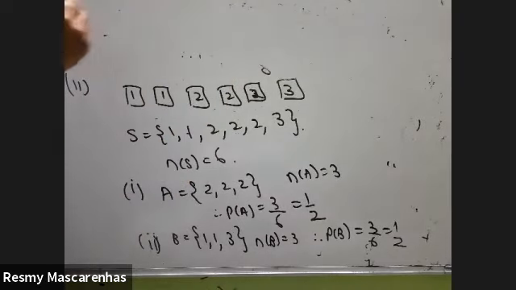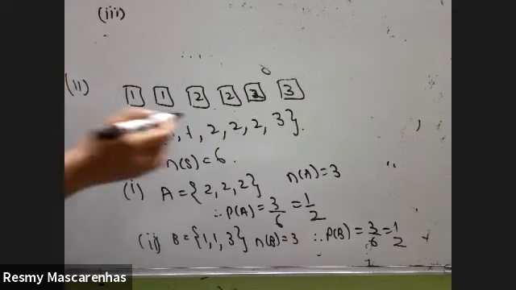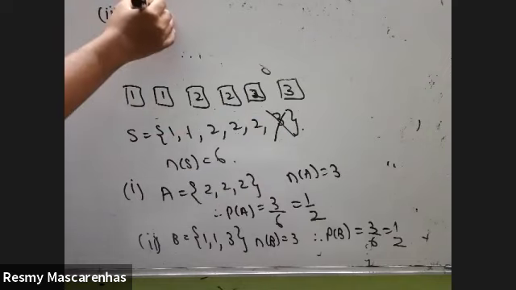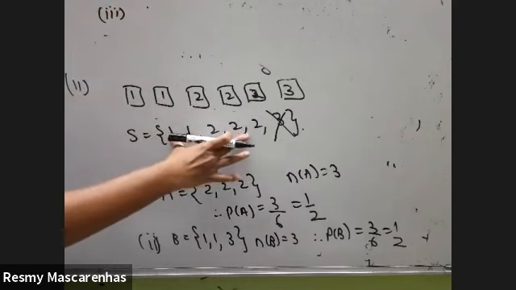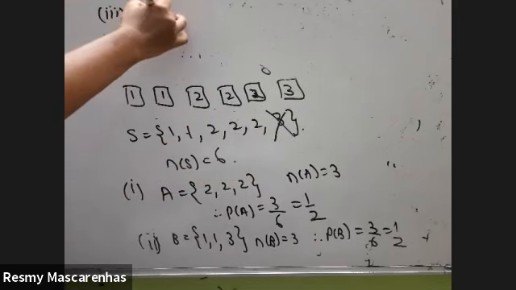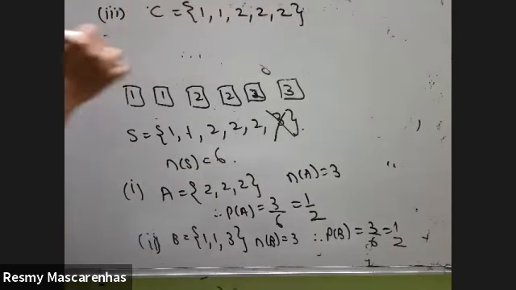Third one, not 3. Not 3 means I don't want this. So other than that, what is remaining? If I don't want 3, I want these other numbers which are left. So that will be 1 comma... This is for not 3.